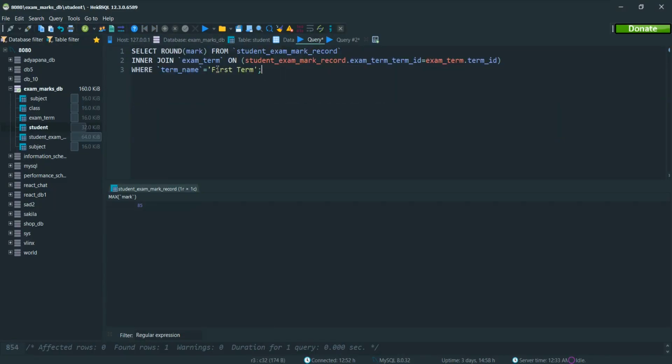I have used a round function to round off the marks to the nearest integer. So let's see the result. Here you can see I have rounded off the numbers to the nearest integer.